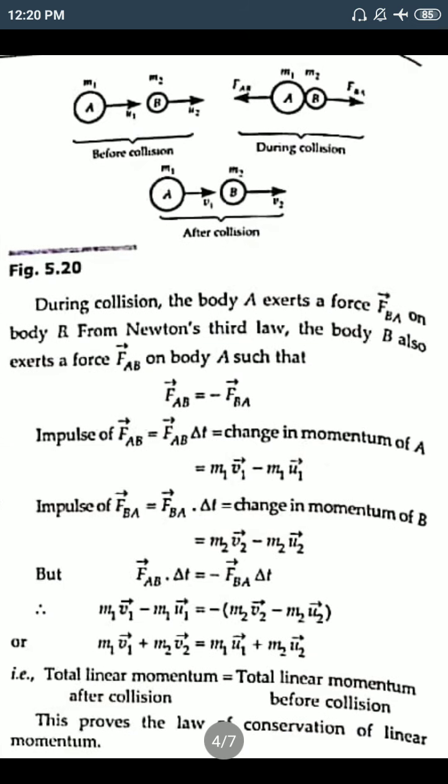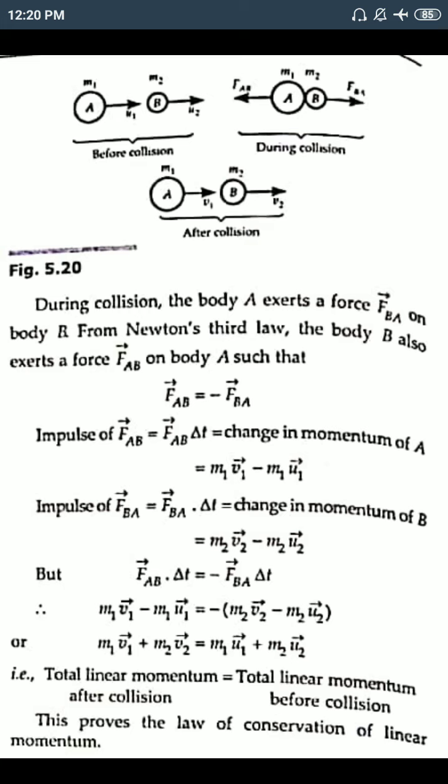As per the first diagram, before collision, they move in a straight line in the same direction, A having mass m1 and B having mass m2, with velocities u1 and u2. After some time, they collide.